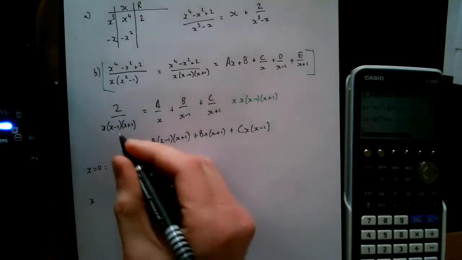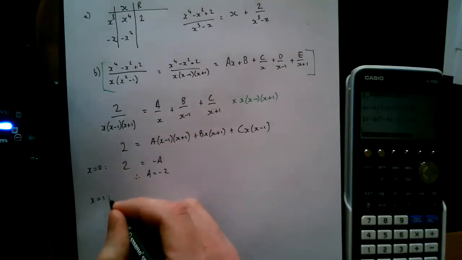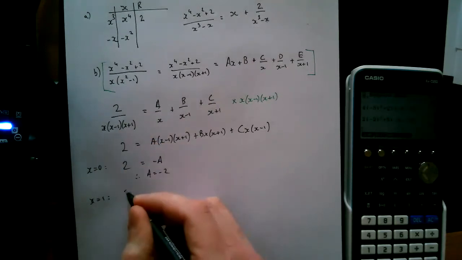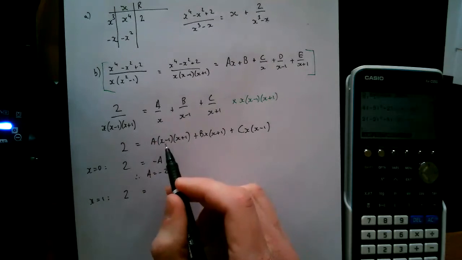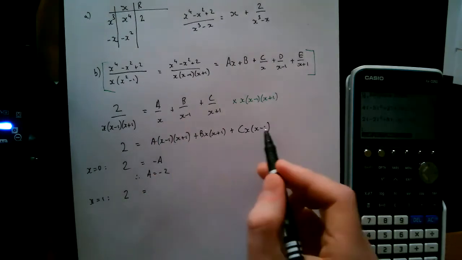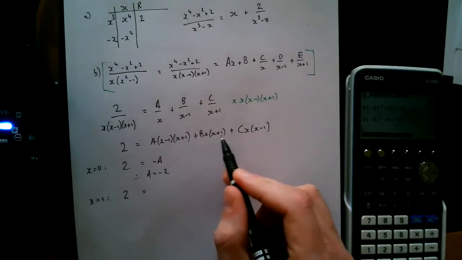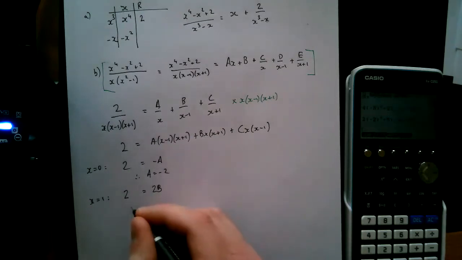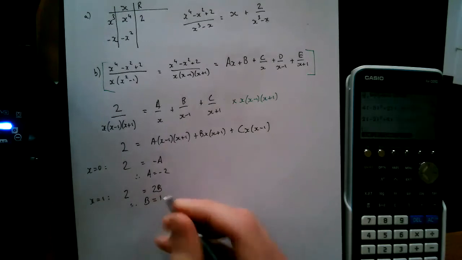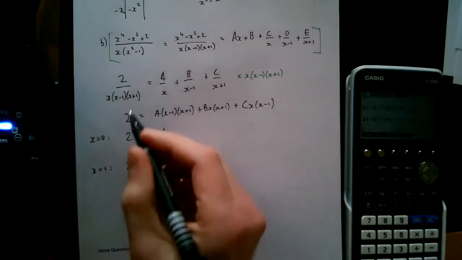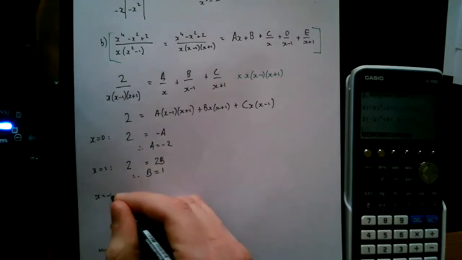So the next clever number will be 1. This side, it'll still just be 2. And this side, if I sub in 1, this will disappear, c will disappear, but b will give me 1 times 2, so I'll get 2b. Therefore, b is 1. And the last clever number is minus 1.